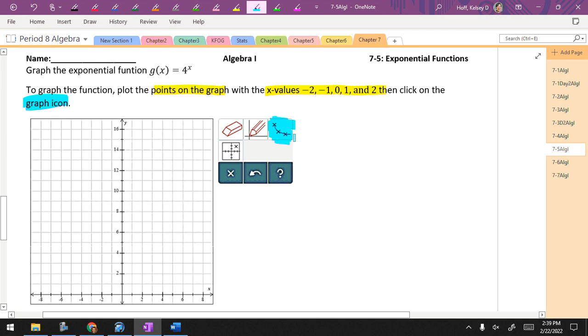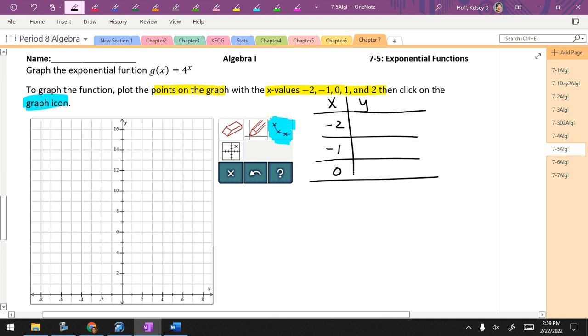They tell you exactly what they want you to plug in, okay? Every single problem today, if you're going to graph, you're going to plug in -2, -1, 0, 1, and 2. So if I'm going to make a table, I'm going to need some workspace here, but I know I'm going to need -2, -1, 0, 1, and 2.